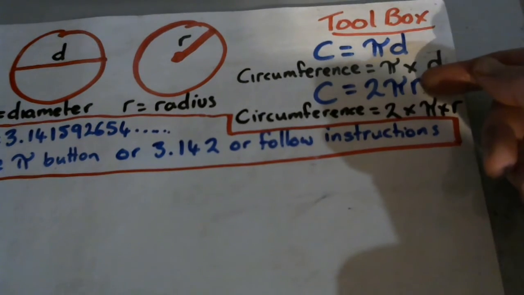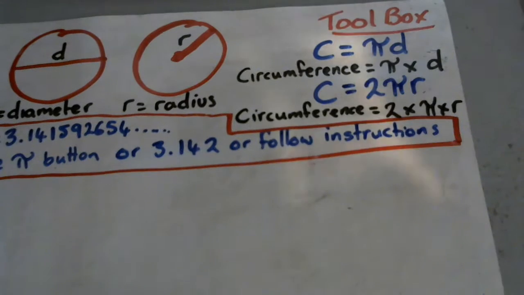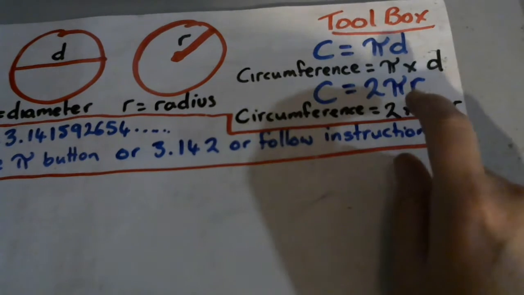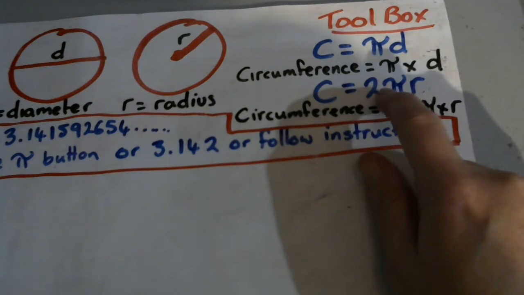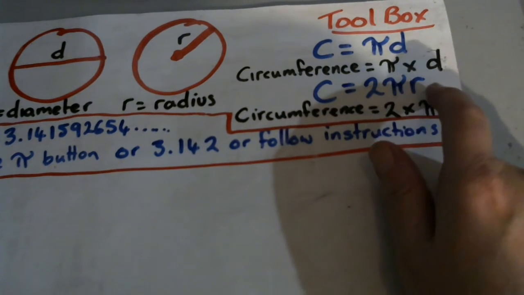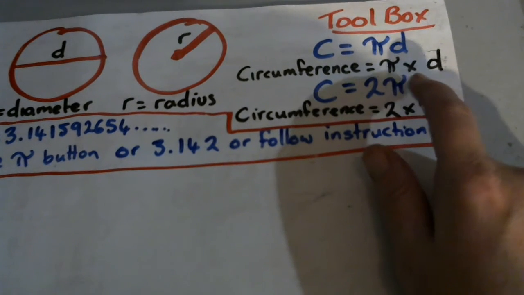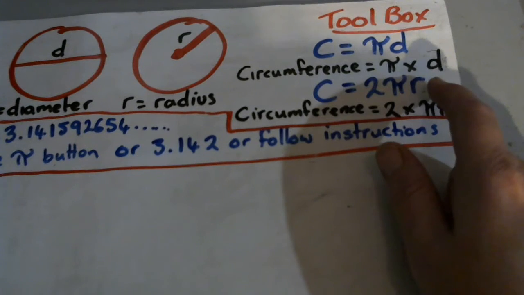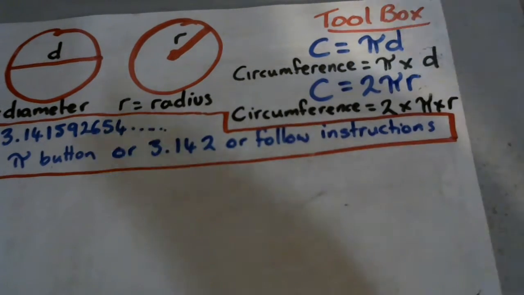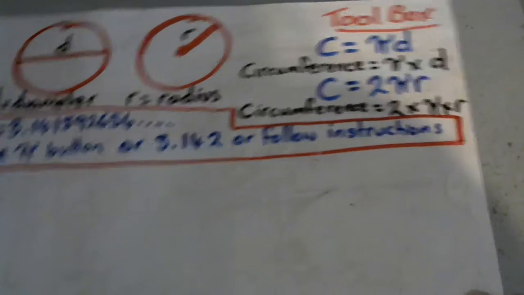But if we just have the radius, which is half of the diameter, we just multiply 2 times pi times r. It doesn't matter which way you multiply it. You could go two lots of r, which gives us a d, times pi, because in multiplication, 2 times 5 is 10, 5 times 2 is 10.